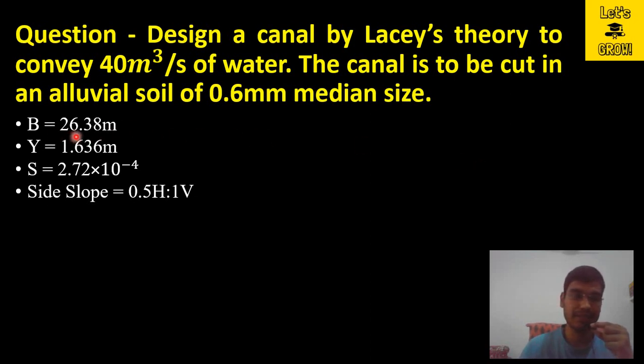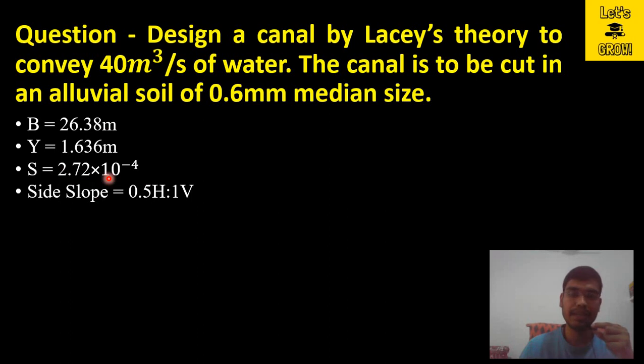We have base width 26.38 meter, depth of flow 1.636 meter, longitudinal slope of the canal 2.72 into 10 raised to the power minus 4, and the side slope for the final regime we have assumed 0.5 horizontal to 1 vertical. So we have the side slope, depth of flow and base width, so we have the cross section of the canal, and the longitudinal slope also.